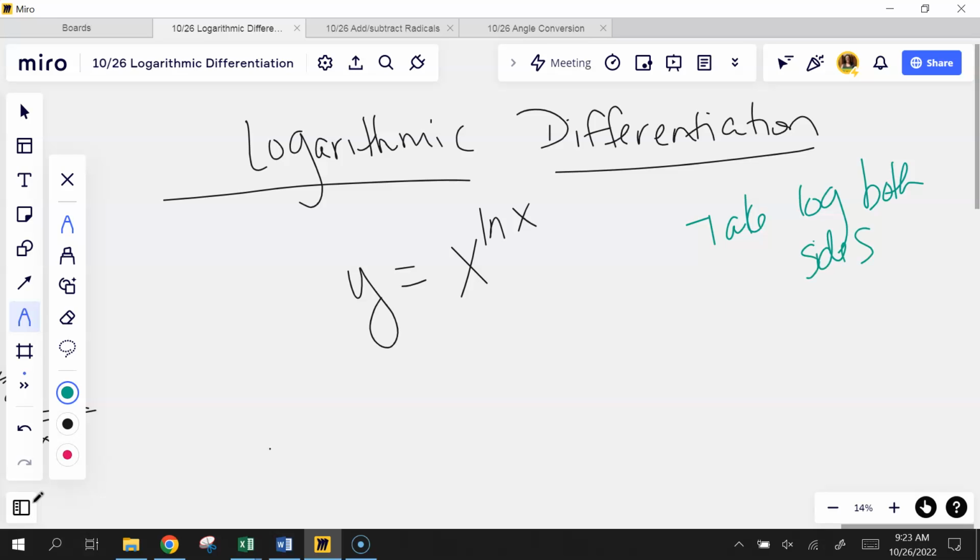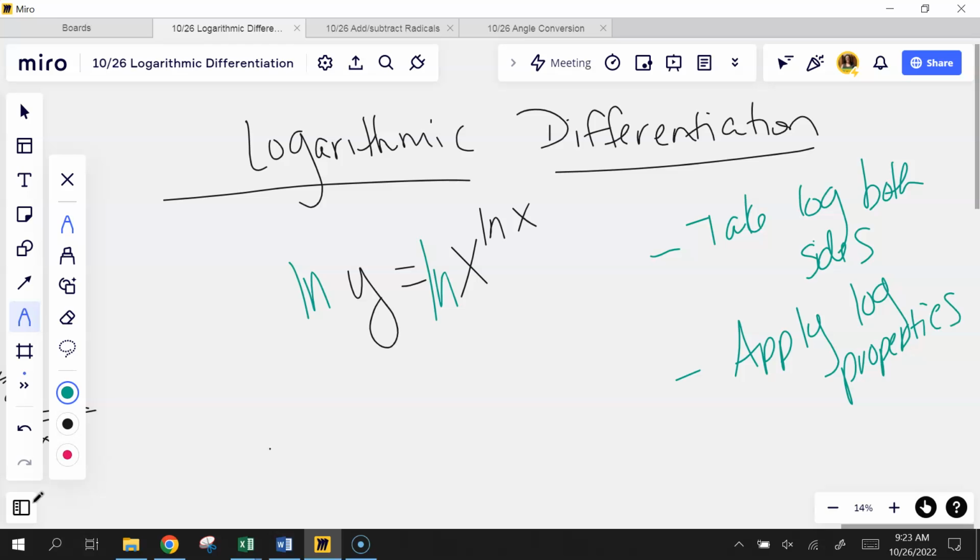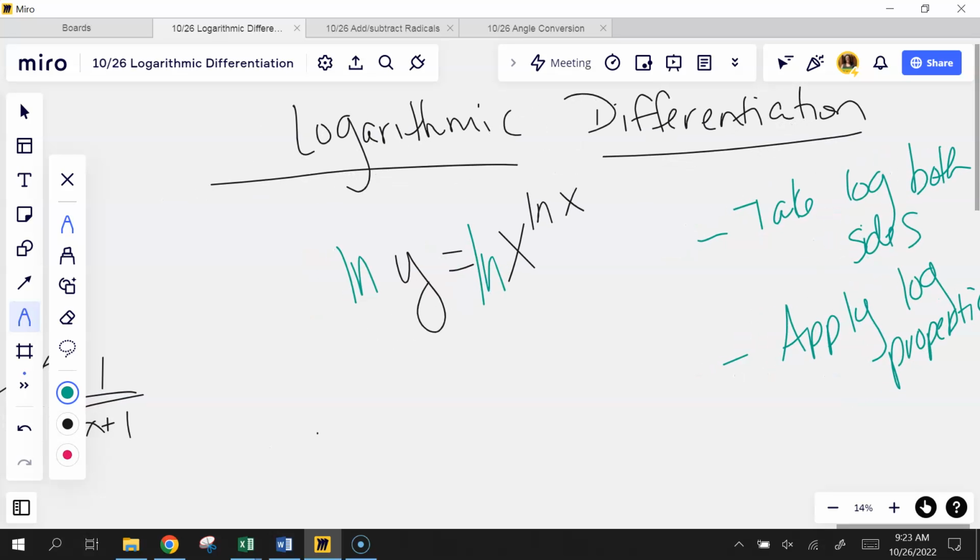Generally we use natural log because that's the more accepted. But I do log of both sides. And then I'm going to apply that power property. I'm just going to say apply log properties because depending on what you have depends on the property that you would apply. So in the case of this one, I would take the exponent and come around.